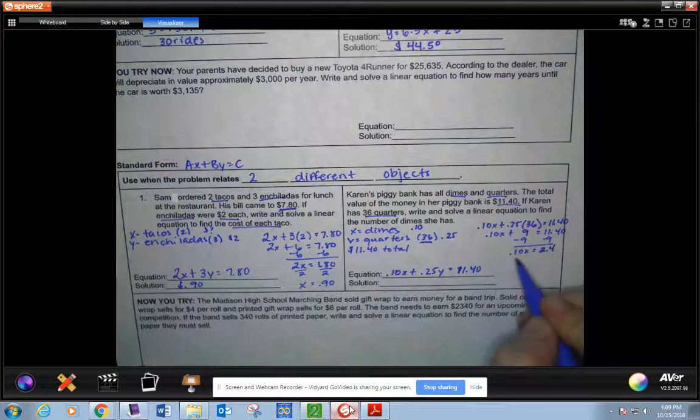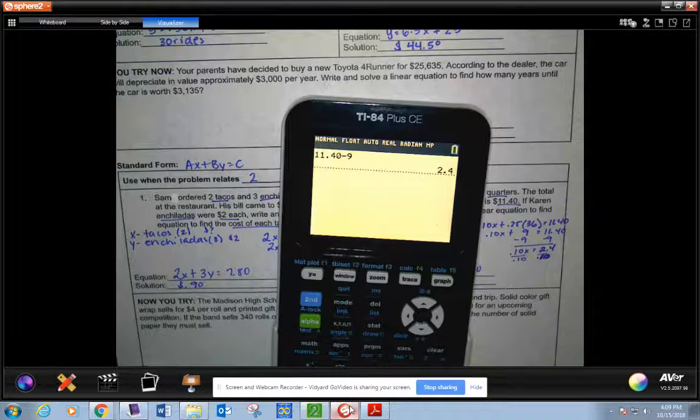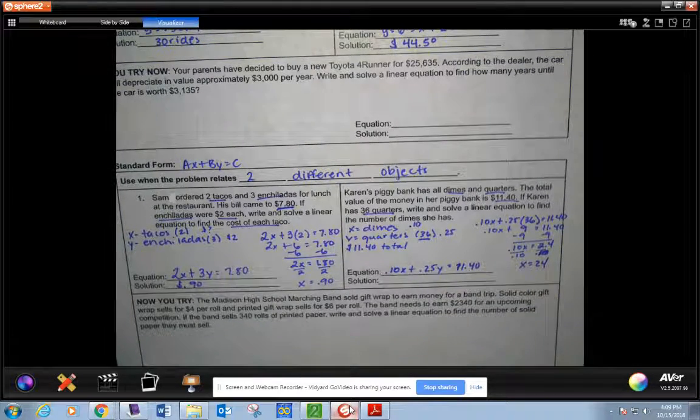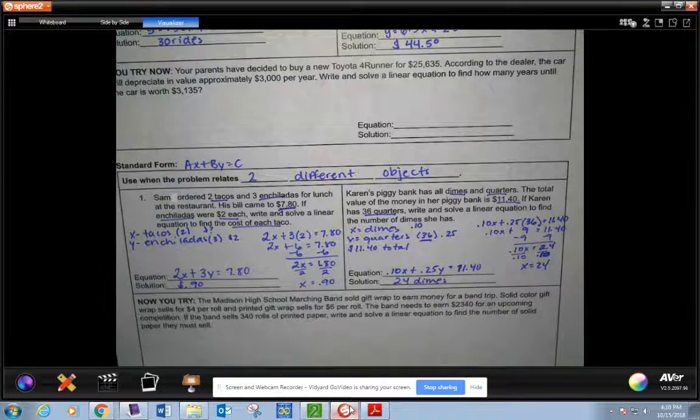Now you just have to divide by 0.10, and I know how you are about dividing decimals in your head. So just do 2.4 divided by 0.10, and that gives you x equals 24. So now my solution is that she has 24 dimes because I wanted to find how many dimes.